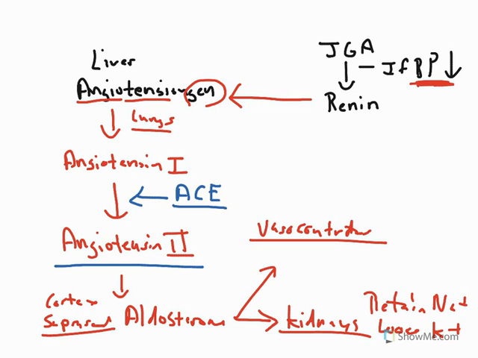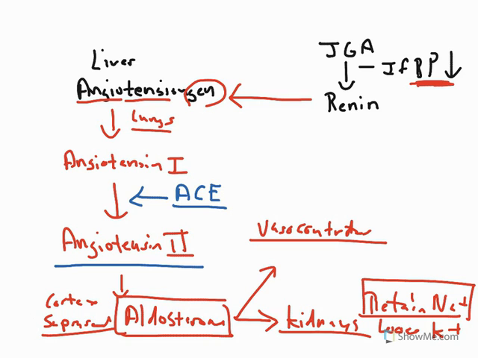Now, with vasoconstriction and the retention of sodium, we will see our blood volume increase. But think about this. Angiotensin-2 also works as a vasoconstrictor, but not at the level we're looking at now, not systemically so much.